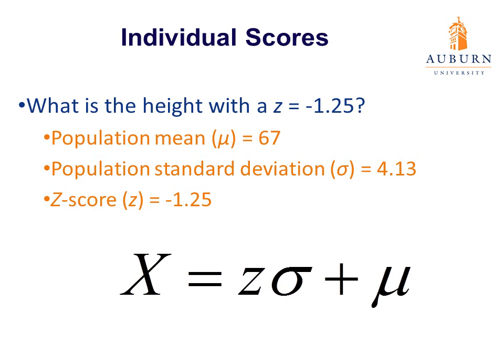So negative 5.16 inches plus the population mean, or mu, so plus 67 inches, would give us a height for this particular student of 61.84 inches. And that would make sense because we had a negative z-score, so the height should be less than the population mean. In this case it is. 61.84 is less than 67 inches.